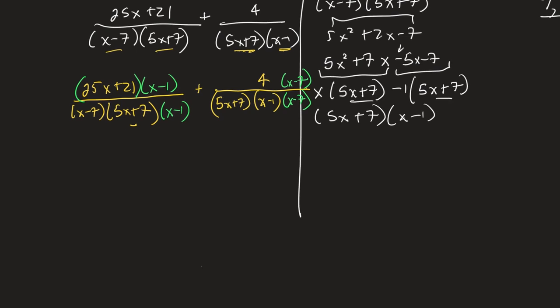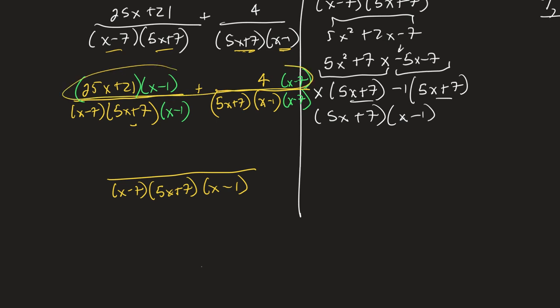All right, so now that I have a common denominator, let me just write the whole denominator. So just one denominator: x minus 7, 5x plus 7, x minus 1. And now I can write all of this stuff on the top, all on one line, because it's now a common denominator.